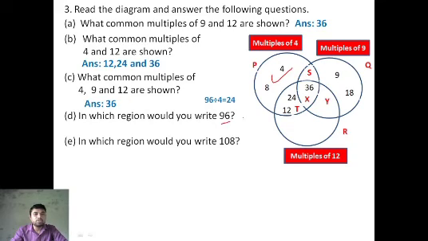That means by counting the table of 9 we did not get 96, so it is not a multiple of 9. That means it will not be inside Q. Please remember, it will not be inside Q. Just this portion it will not be. Remove this portion. 96 will not be here.